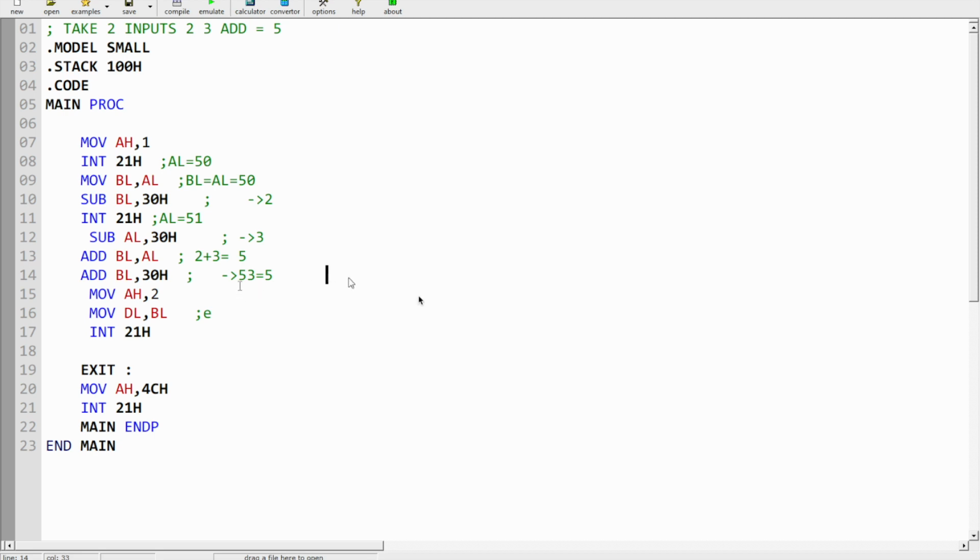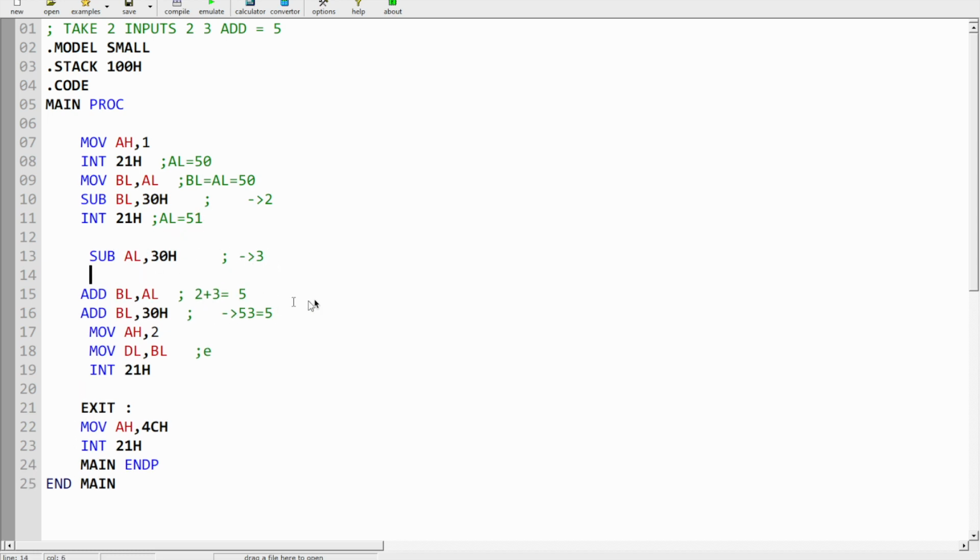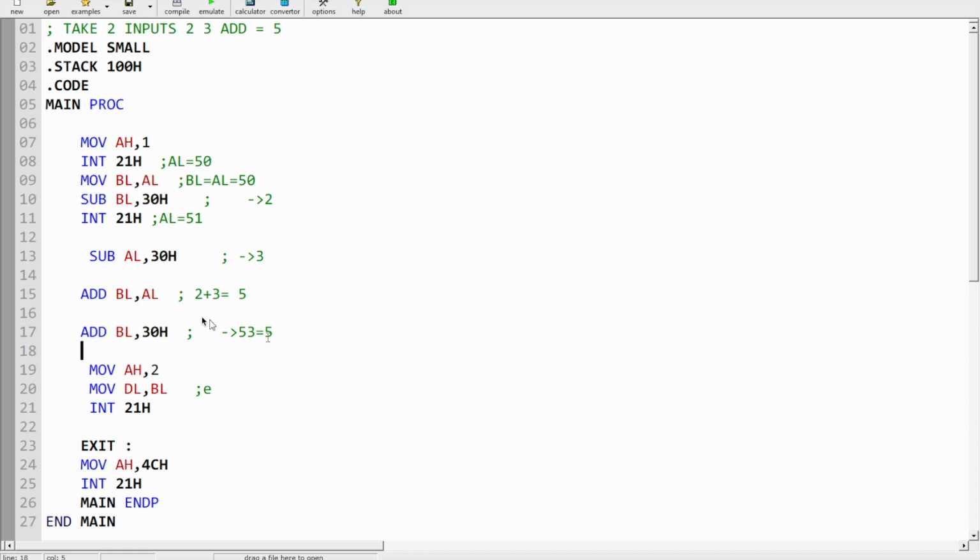And there is one more thing. I have some problem with these lines. What we did here was 2 plus 3, and in here what we did is 2 plus 3 minus 38, sorry, plus 38.